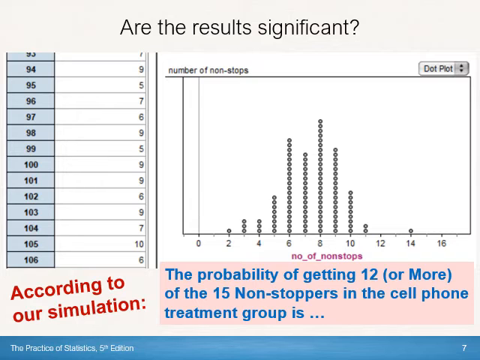According to our simulation, in this case 106 data values plotted using some software, what we want to know is, what is the probability of getting 12 or more of the 15 non-stoppers, the faces and aces, in the cell phone treatment group, in the one pile that we picked up.